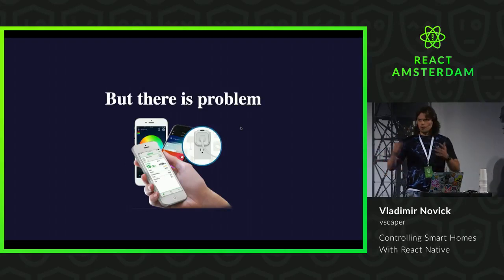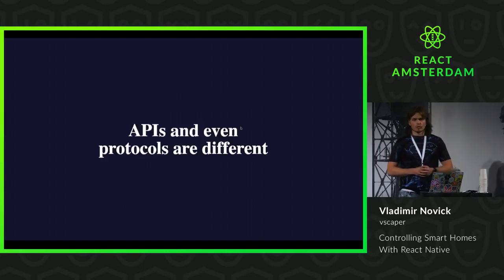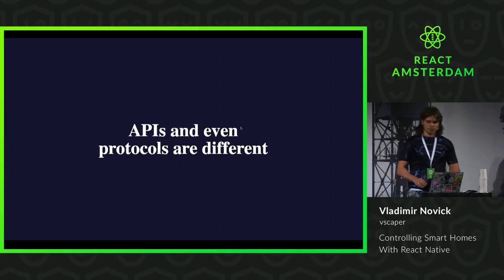We have Wemo. We have Chinese light bulbs, or various stuff out there. And every brand has its own app, has its own thing. And you need to coordinate everything inside one app. But APIs and protocols are really different.